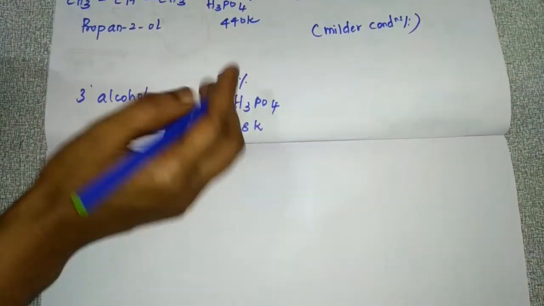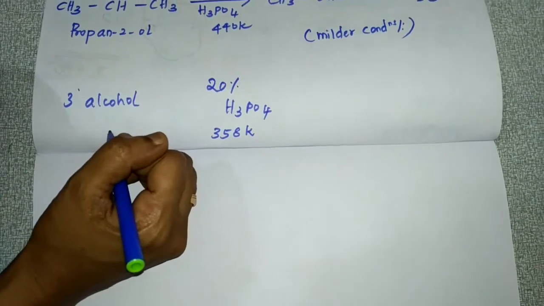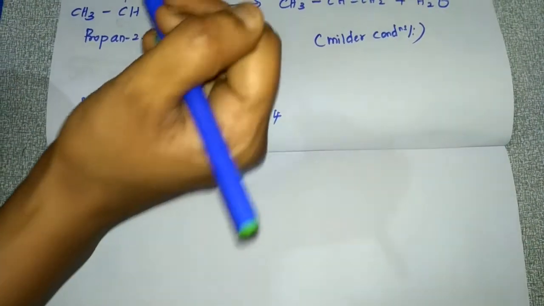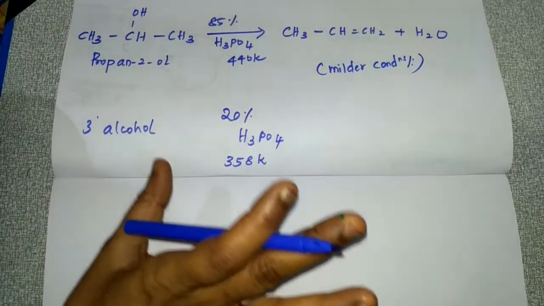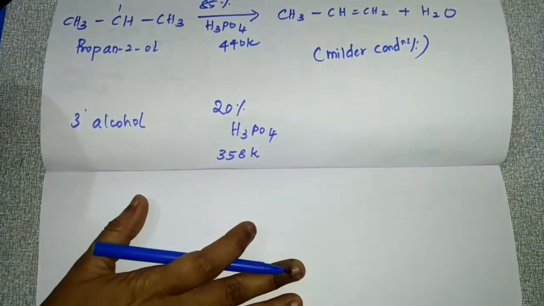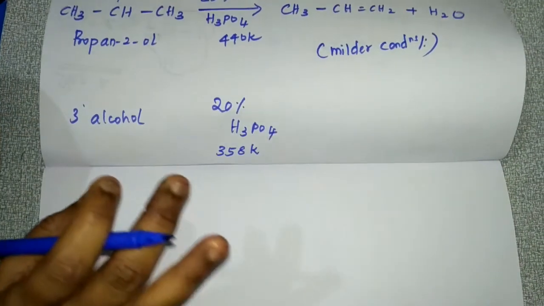You can write any reaction example for this. Okay. So from secondary alcohol and tertiary alcohol, water can be removed under mild conditions itself. Okay, so this is dehydration of alcohol and its mechanism.